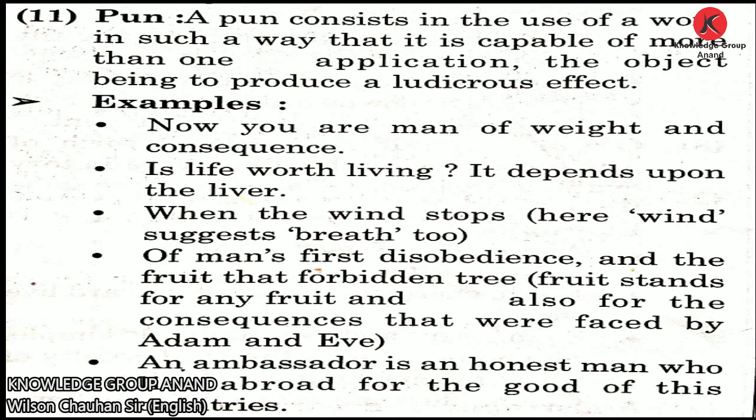"Of man's first disobedience and the fruit of that forbidden tree." Fruit stands for any fruit and also for the consequences that were faced by Adam and Eve. You may not know the story of Adam and Eve.